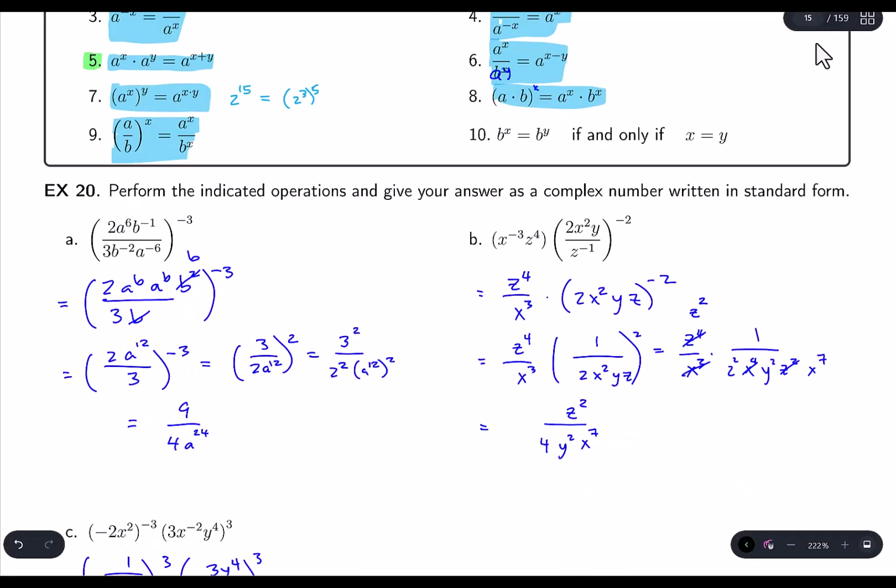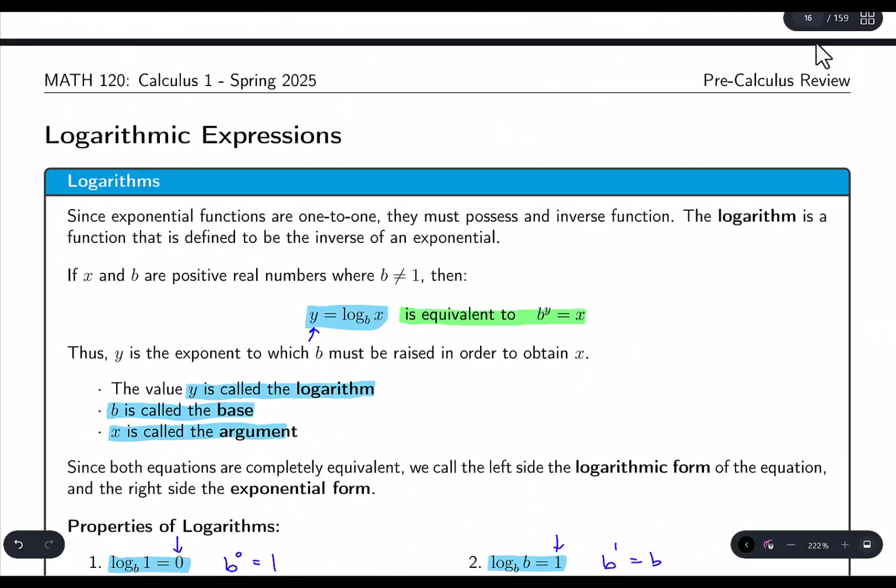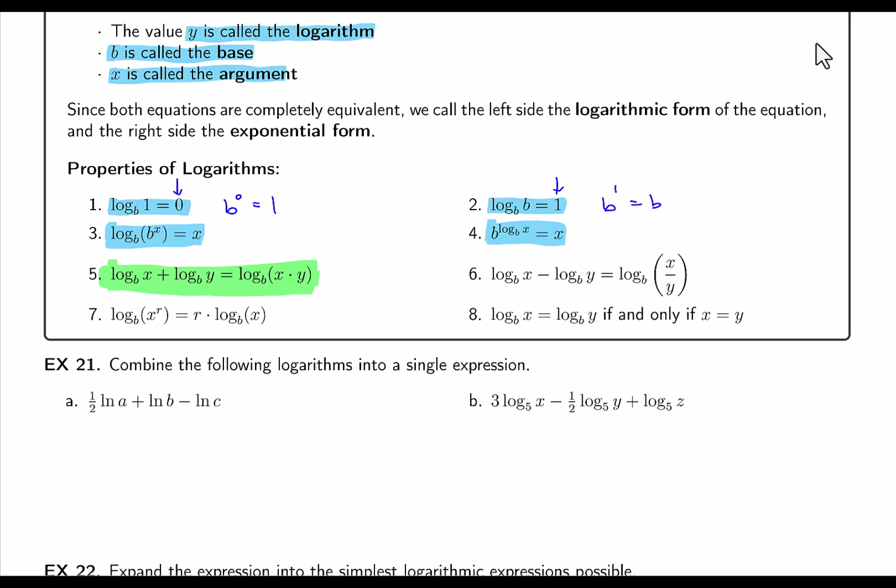And for 6, that's when two things are divided. It's the same rule as exponential expressions, but in logarithmic form. And then one that is unique to logarithms is the logarithm base b of x to the rth power. If your argument has an exponent, you can bring that out as a constant multiplier.